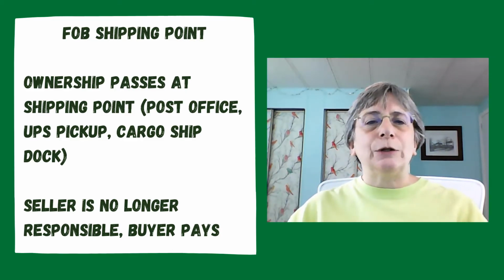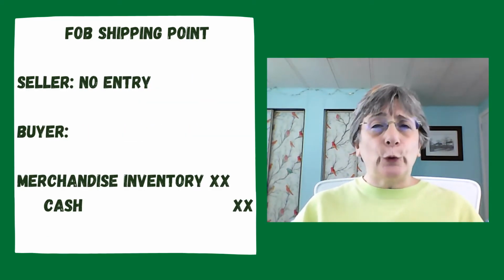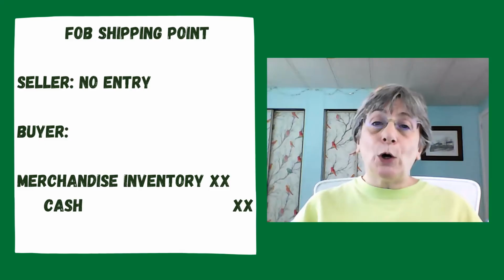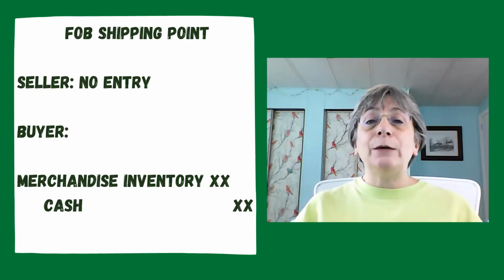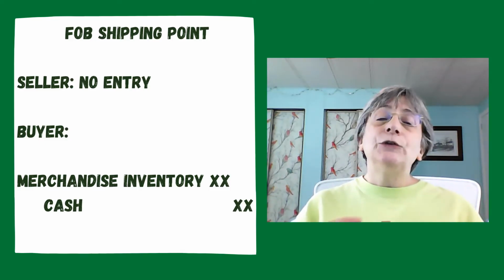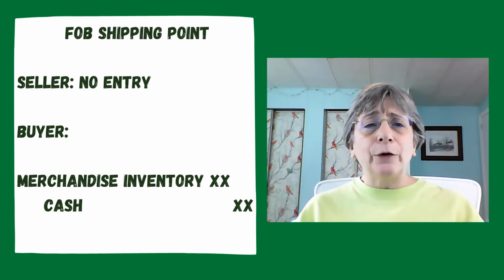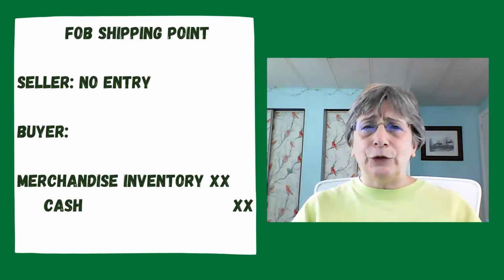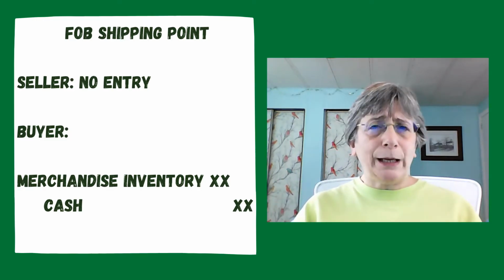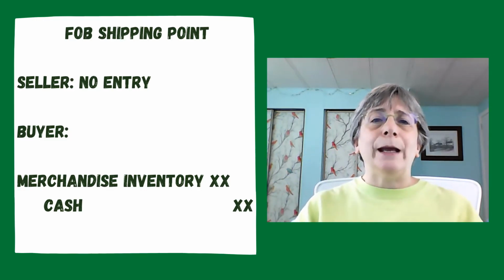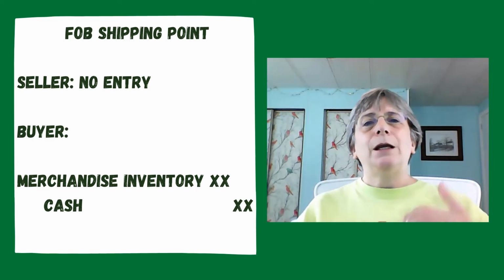We handle that one way in accounting and a different way for destination. Every transaction for shipping has two parts: the buyer side and the seller side. When we're talking about FOB shipping point, for the seller there is no transaction to do because the buyer is paying to have it shipped. We're eBaying it to you across the bay in the ship.